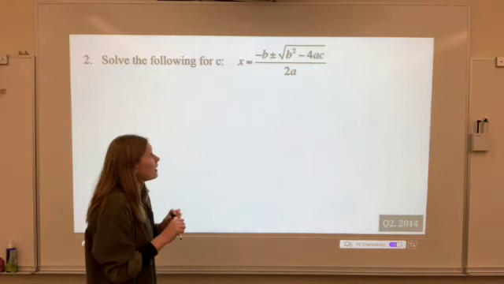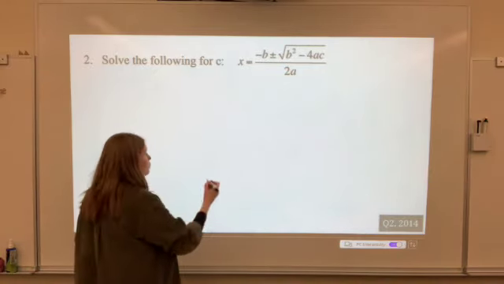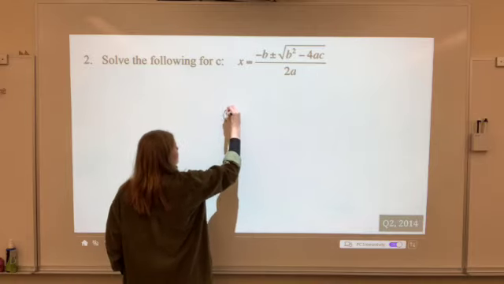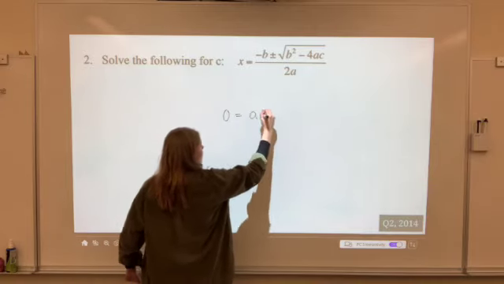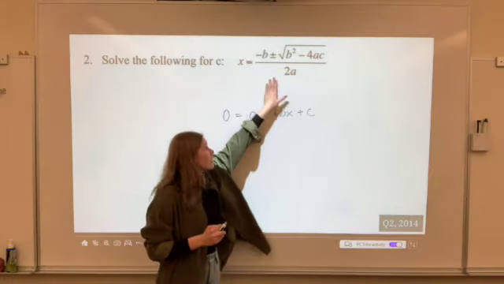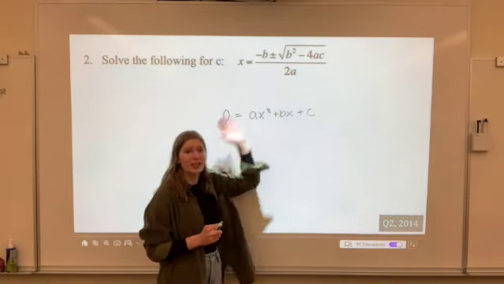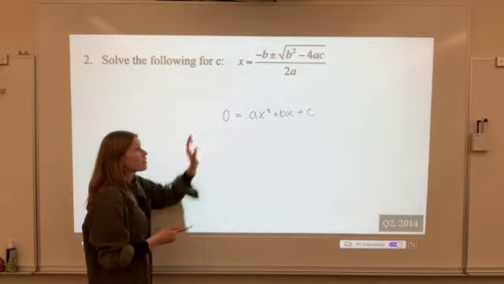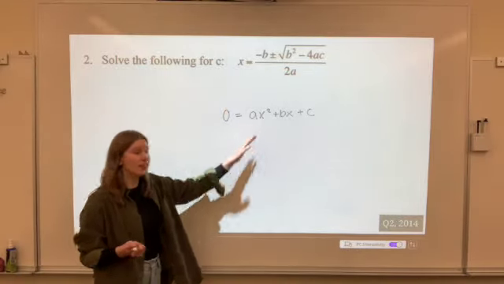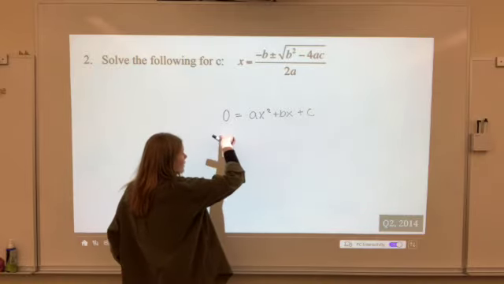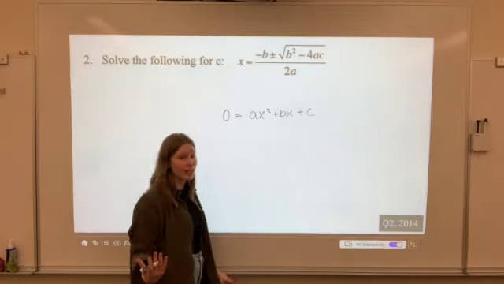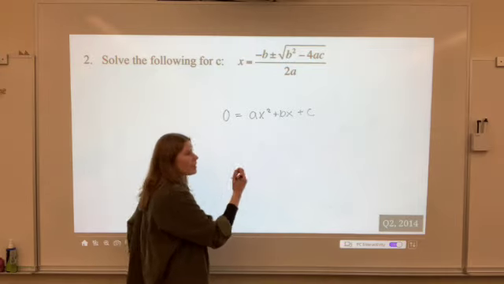And so a quadratic in standard form is 0 is equal to ax squared plus bx plus c. Same exact variables we're pulling from the quadratic formula. So, instead of solving for c up there, let's isolate c down here. This one's actually pretty simple. We subtract c from both sides, and we can't answer in terms of negative c, so we multiply everything by negative 1.